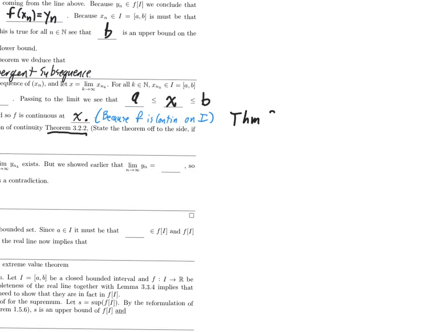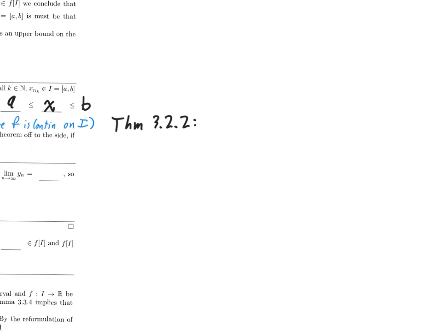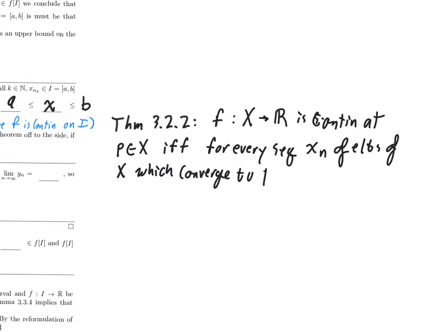Theorem 3.2.2 says, and you can look it up on your own, you have your own records of my notes, that f from the domain to R is continuous at some point p if and only if for every sequence x sub n of elements of the domain which converges to p, f of x sub n converges to f of p.